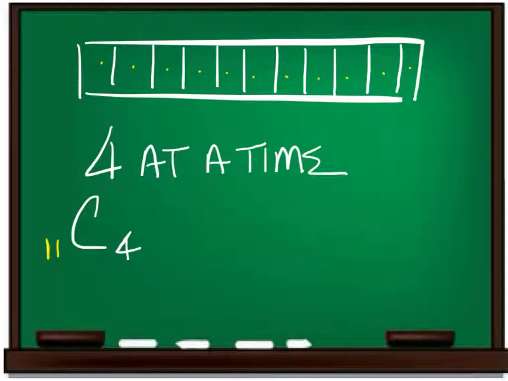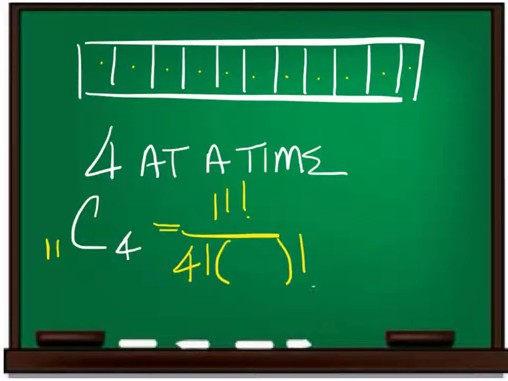11 books. So a combination of choosing 4 from 11 would be 11 factorial over 4 factorial times the quantity factorial of 11 minus 4. So you still have 11 factorial on top and 4 factorial on the bottom, but 11 minus 4 is 7.